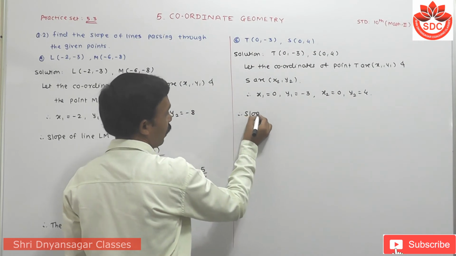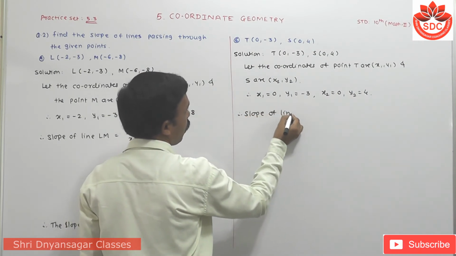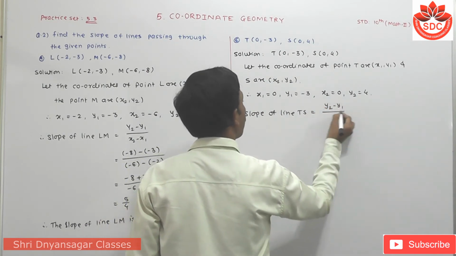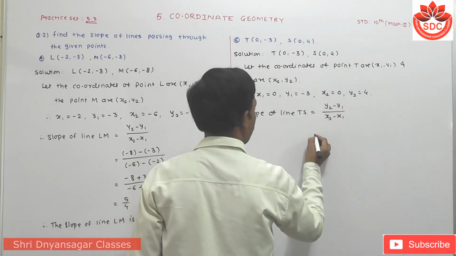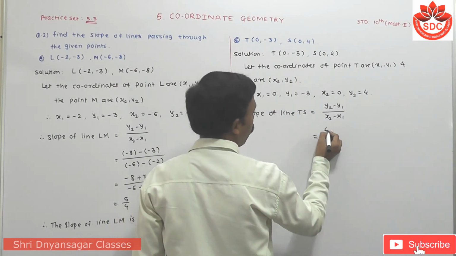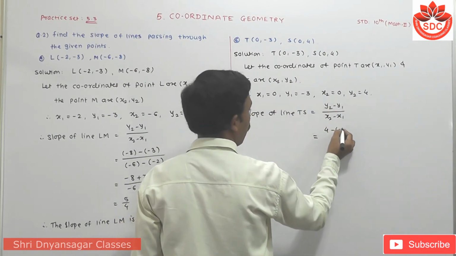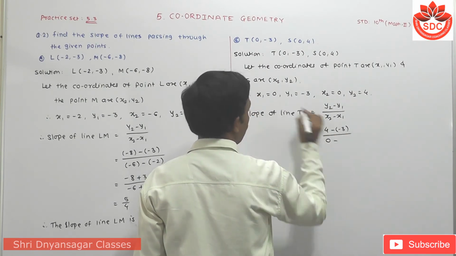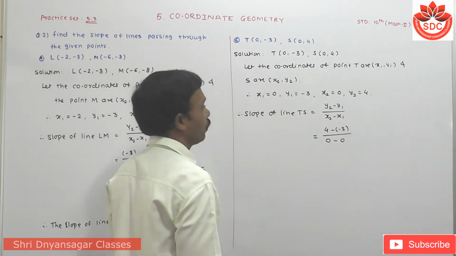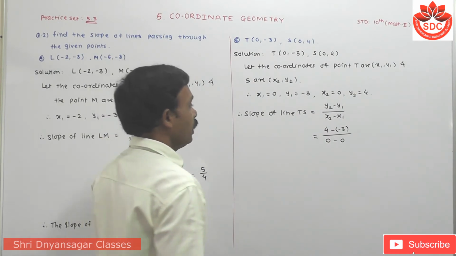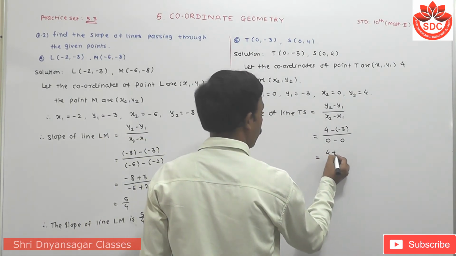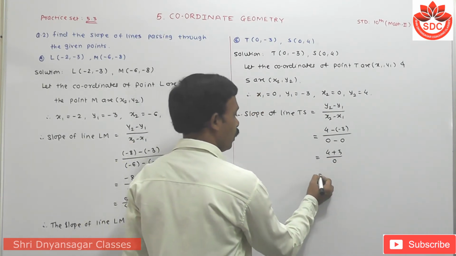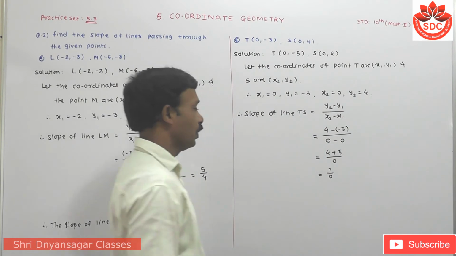Therefore, the slope of line TS is equal to the formula y2 minus y1 upon x2 minus x1. y2 is 4 minus y1, which is minus 3, upon x2, which is 0, minus x1, which is also 0. Then, student, this is 4 plus 3 upon 0, which is 7 upon 0.